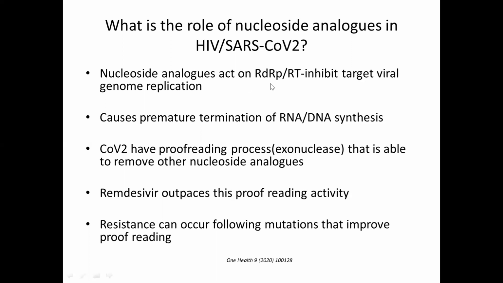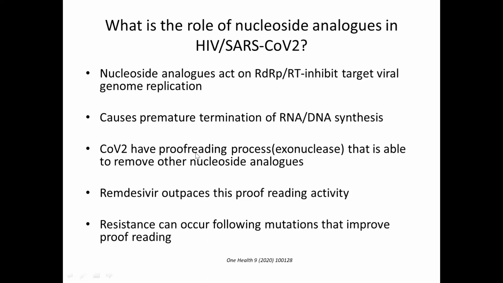Remdesivir is a nucleoside analog. We said it inhibits RNA-dependent RNA polymerase, just like the other nucleoside ARVs. It causes premature chain termination, like tenofovir and other nucleoside analogs. And for COVID, we use remdesivir because it's a stable molecule.